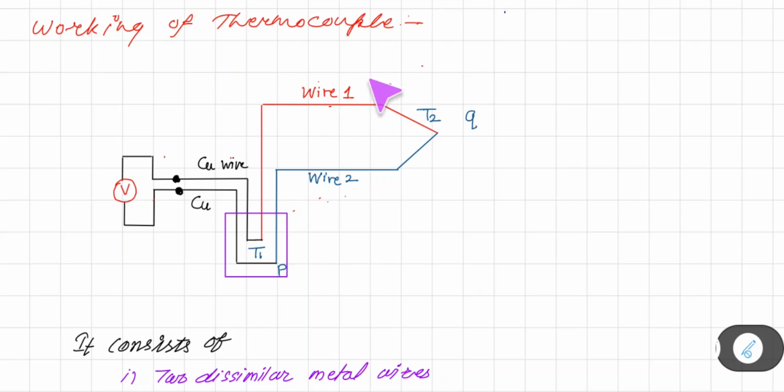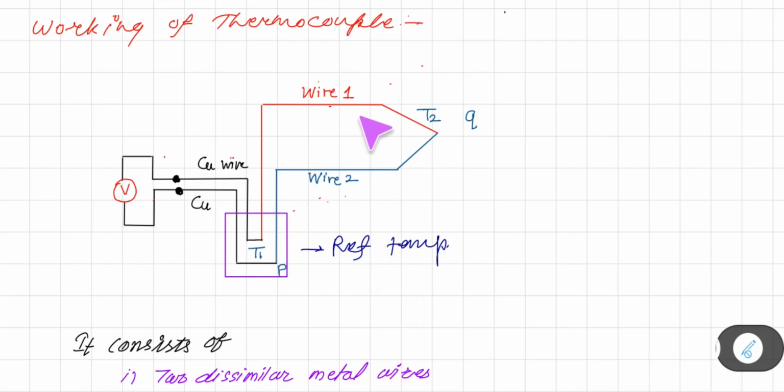But for functioning of the thermocouple, in order to measure the voltage, this end is cut, and both ends are kept at a particular reference temperature. That is temperature T1. Remember, it is a reference temperature. Now that temperature is fixed, and these two terminals are connected through copper wire to the voltmeter.